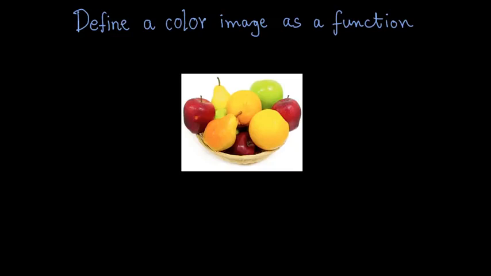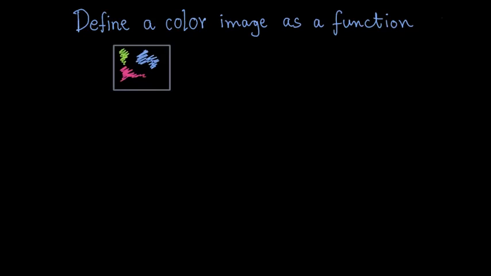So, a color image is also a function. It's just that the value at each location is no longer a single number that represents the light intensity. Instead, it can be a vector that holds 3 different intensities for 3 color components. For instance, each location in an RGB image has values for red, green, and blue.